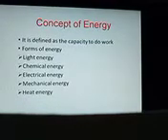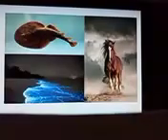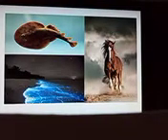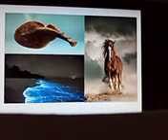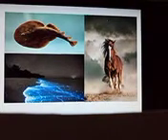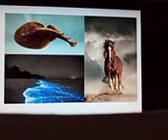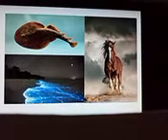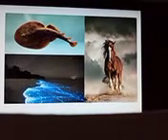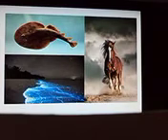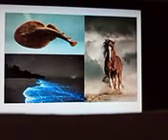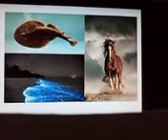Some common examples of transformations of energy in biological systems are, for example, this picture of an electric fish that converts chemical energy to electrical energy. These are the phosphorescent bacteria that convert chemical energy into light energy, and the running horse represents conversion of chemical energy into mechanical energy.